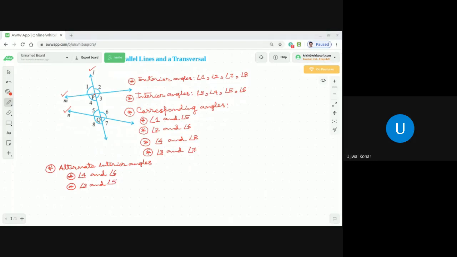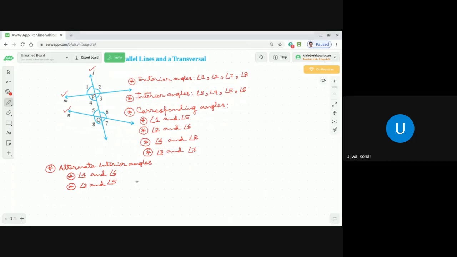The next one we are going to discuss, dear students, is called alternate exterior angles. The first pair is angle 1 and angle 7, and the second pair is angle 2 and angle 8.